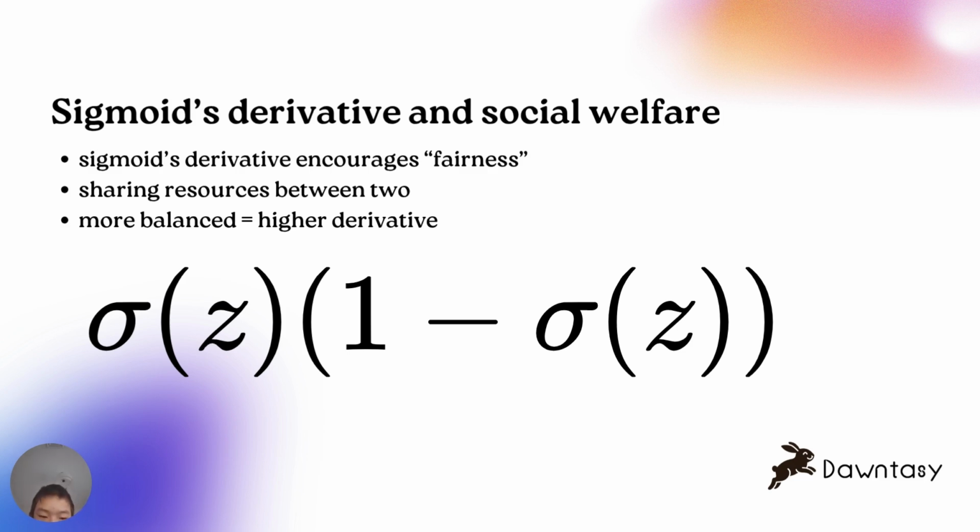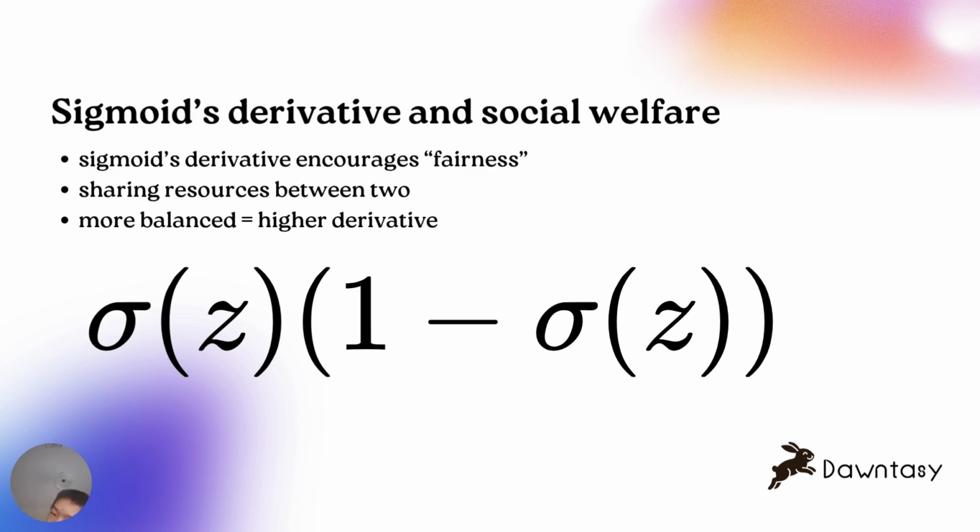If this still doesn't make much sense, let's take an example. Let's say that the first person had 0.95 of that, and the other person had 0.05. Well, if we multiply them together, then we get some very low value.